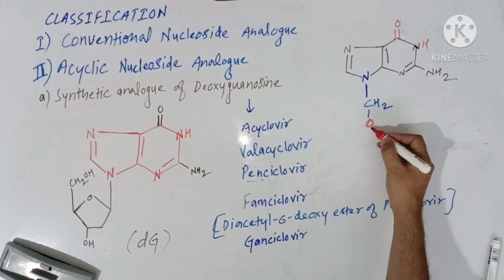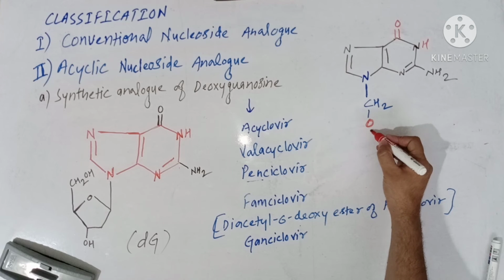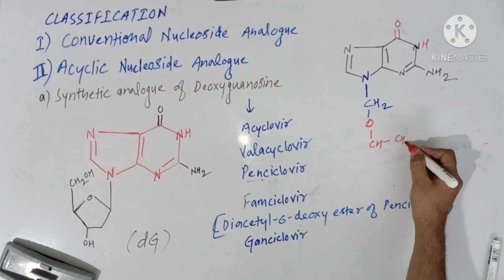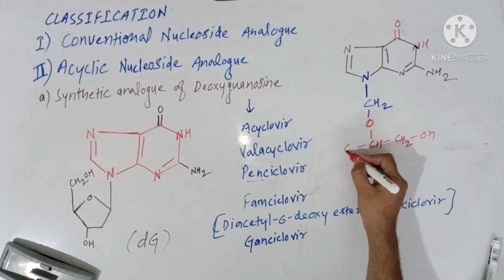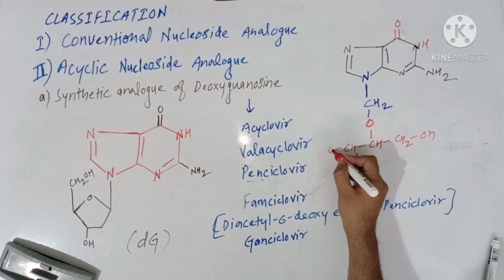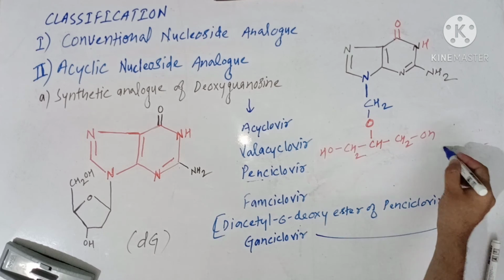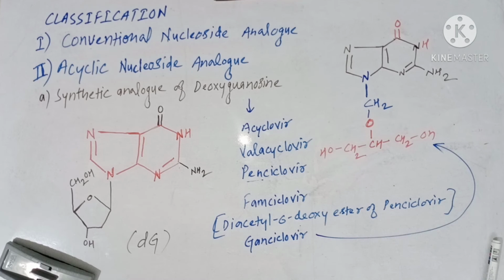On this carbon there is an oxygen, and this oxygen is again linked with a CH group, and this CH group again has a hydroxy group. So this is the structure of your ganciclovir. So now we will move on to the next class.